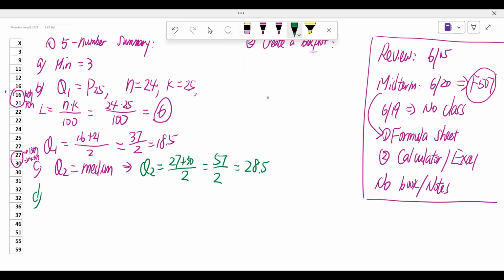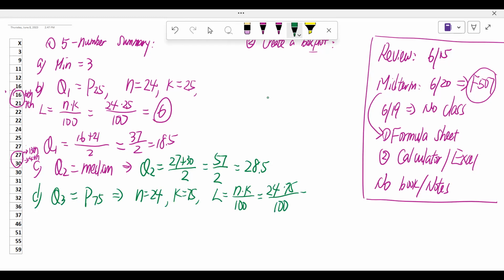So now when I get to quartile 3, that's percentile 75. One more time, we have sample size 24. K is 75. And using the locator formula, n times k over 100, so it'll be 24 times 75 over 100. To simplify, we get 72 over 4, which is 18.